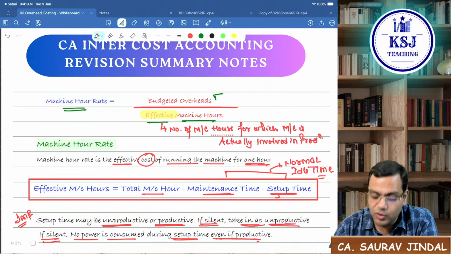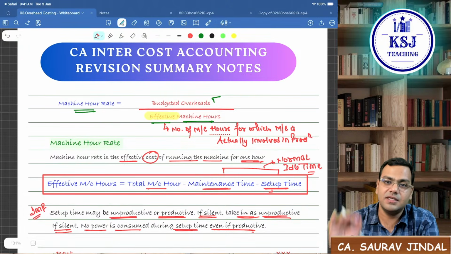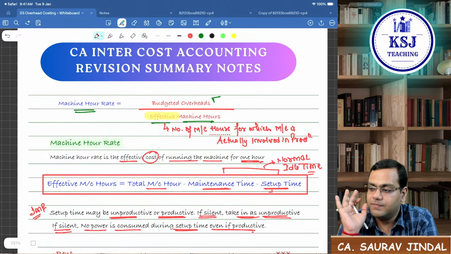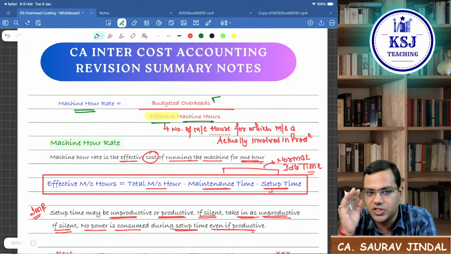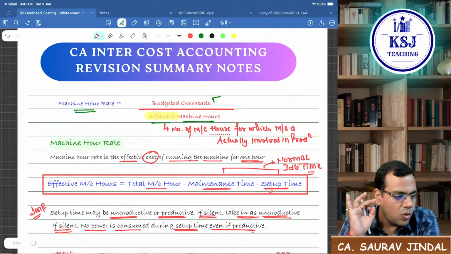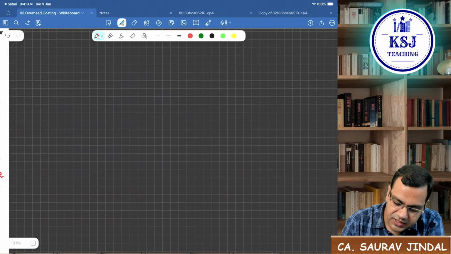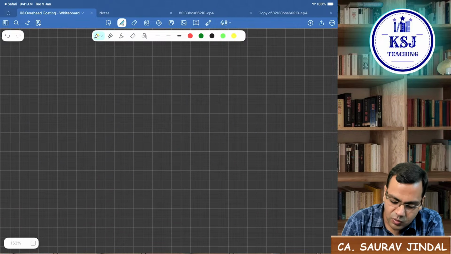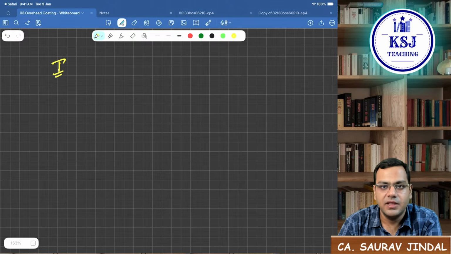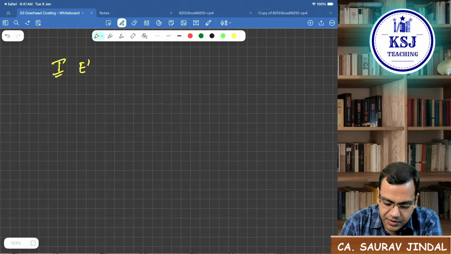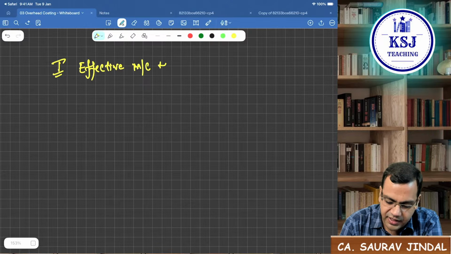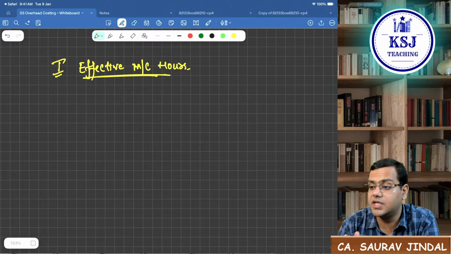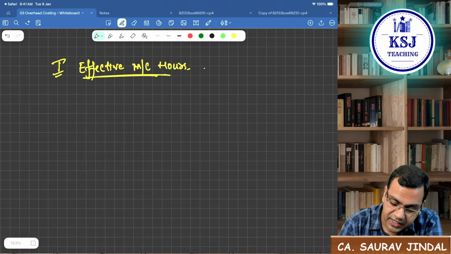Now, talking about the machine hour rate. In case there is a question on the machine hour rate in the exam, what will be your first step? The first step will always be the calculation of effective machine hours.